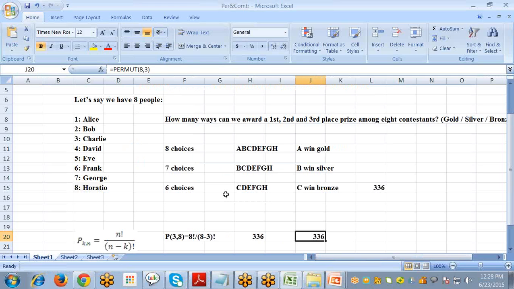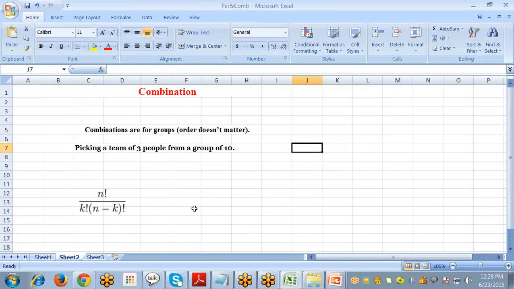So let us look at this with the help of an example. Picking a team of 3 people from a group of 10. Also note that combinations are for groups. So I have a group of 10 and in this, order doesn't matter. Okay. So this formula is used to calculate the combination in maths.